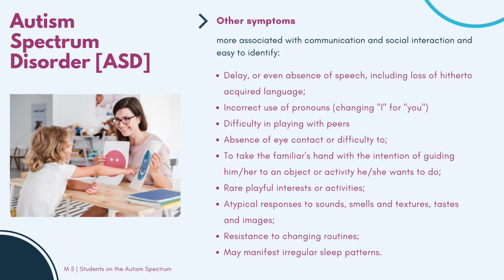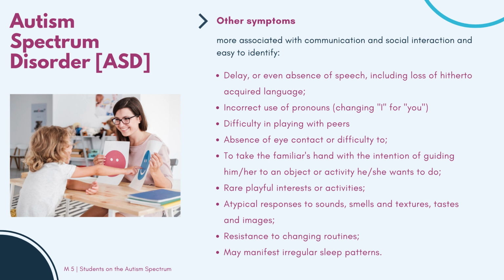Other relevant symptoms more associated with communication and social interaction are delayed or even absent speech, including loss of hitherto acquired language. Incorrect use of pronouns, replacing I with you. Difficulty in playing with peers.